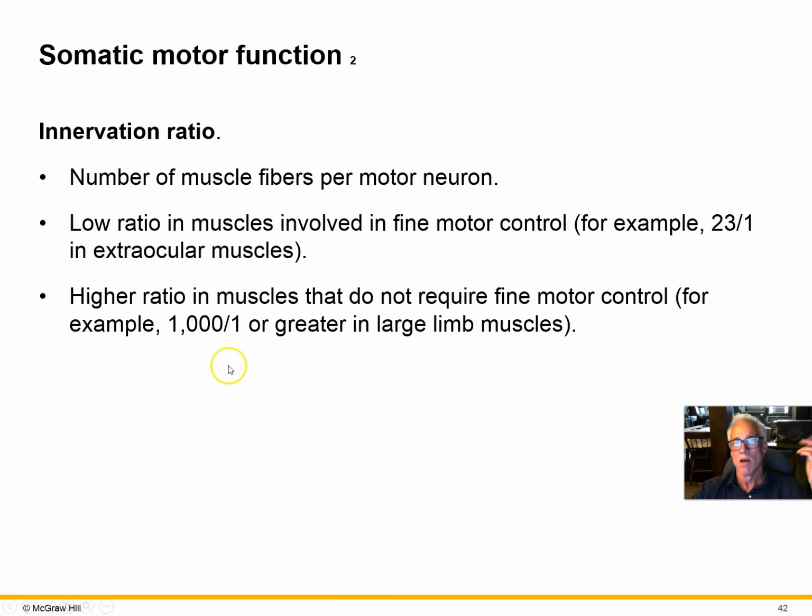Say in the case of your muscles that move your eyeballs, 23 muscle cells per motor neuron, it's been discovered. What about in your thigh muscles, for example? There might be 1,000 muscle cells for every motor neuron, because we know we want big time tension right from the get-go, and then we keep on and ramp up from there, maybe 5,000 muscle cells per motor neuron as we recruit. So that's called the innervation ratio.